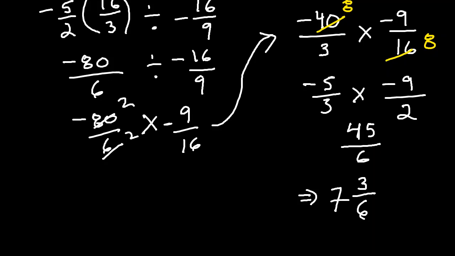So 7 and 3 over 6. And we can actually simplify this even further. Because 3 over 6 is the same thing as 1 over 2, because we can divide both numerator and denominator by 3. So if we do that, we get 7 and 1 over 2. So this is the most simplified answer.